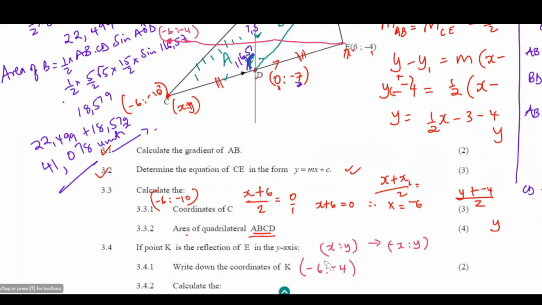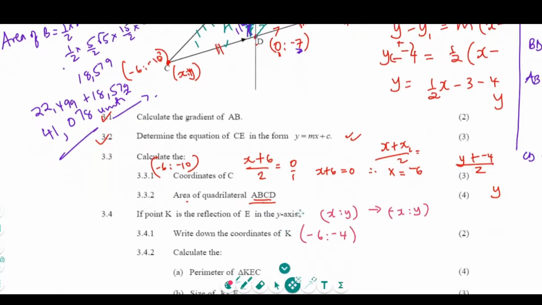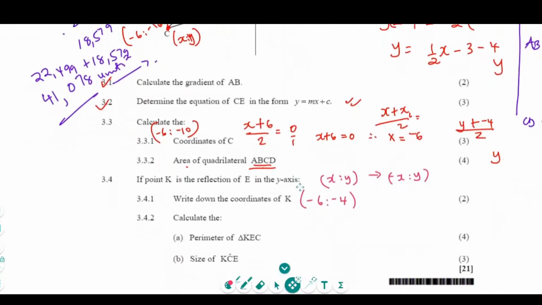Then next, they're asking us to determine the perimeter of KEC. Perimeter is just the total distance around any given shape.